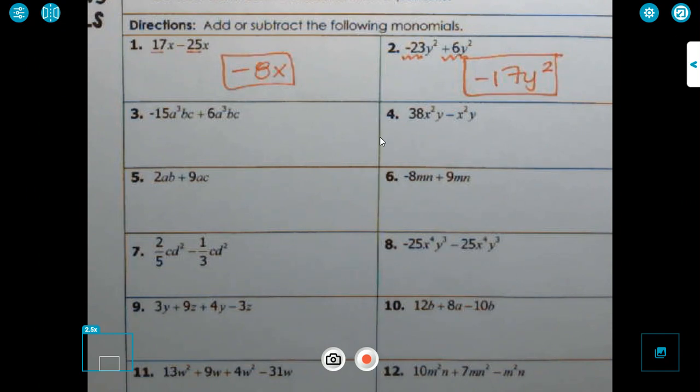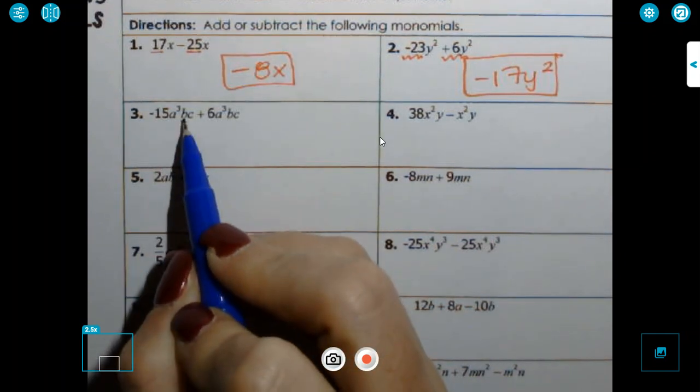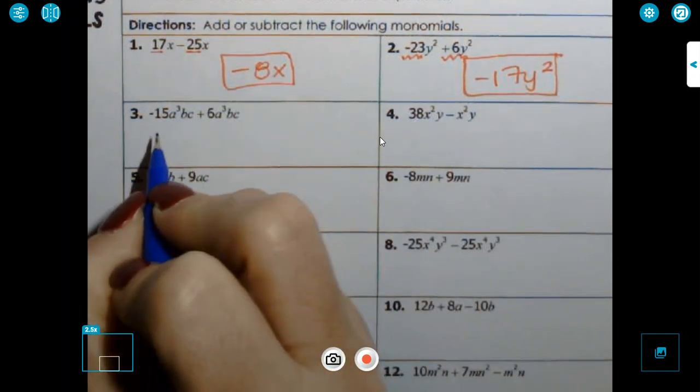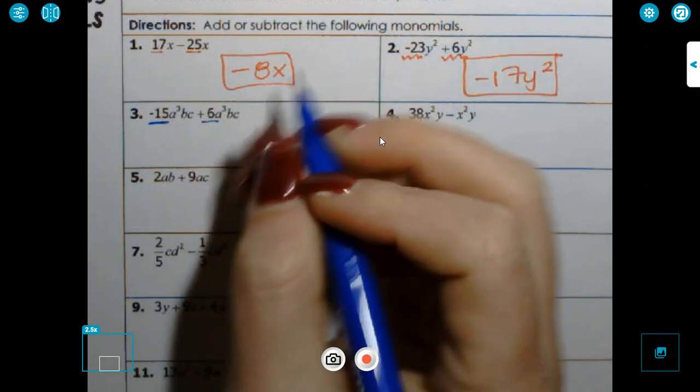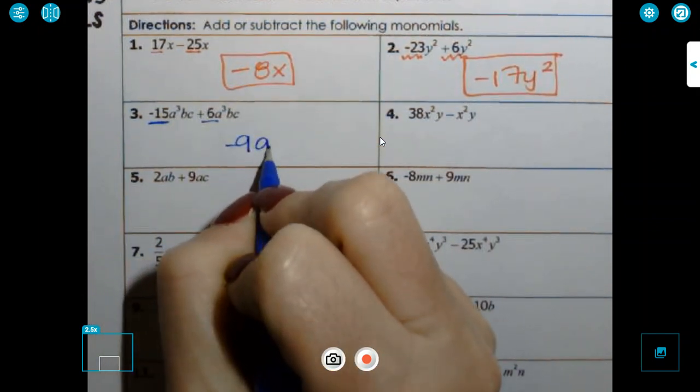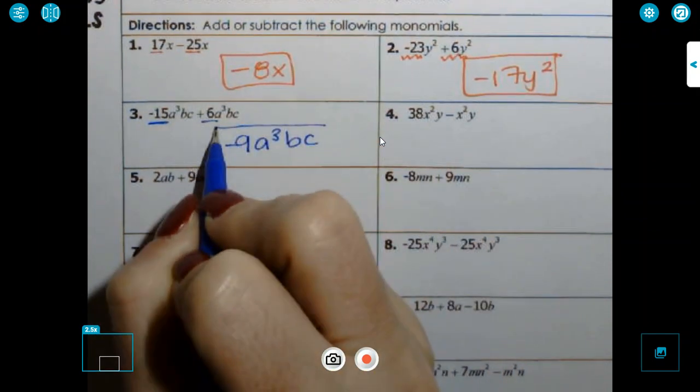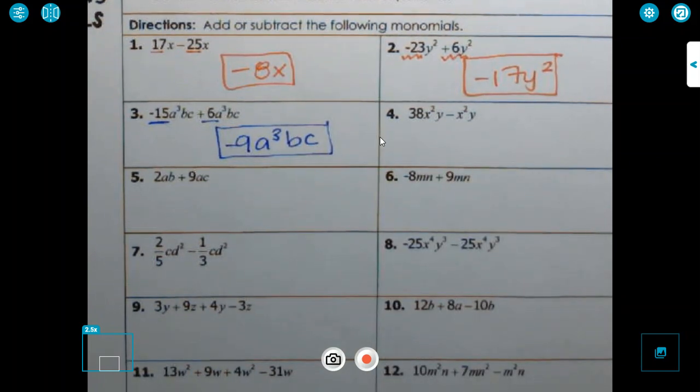And if they are alike, then we can combine them. Okay, so right here, I've got a to the third bc and a to the third bc. So those are alike. So I can say -15 plus 6 is going to give me -9 a to the third bc. So it's just kind of acting like an x there.